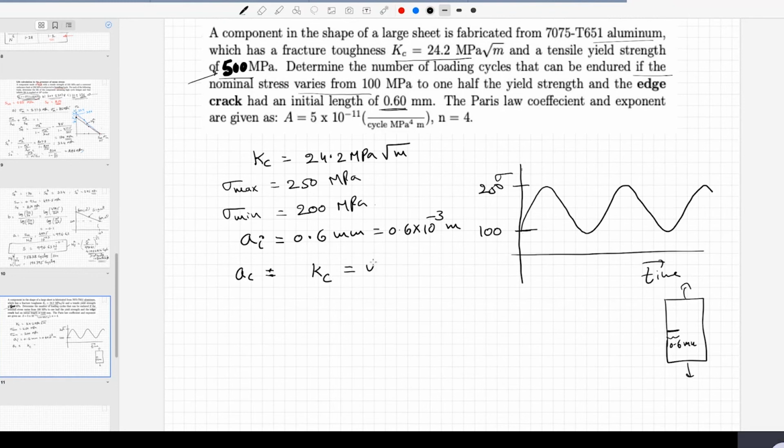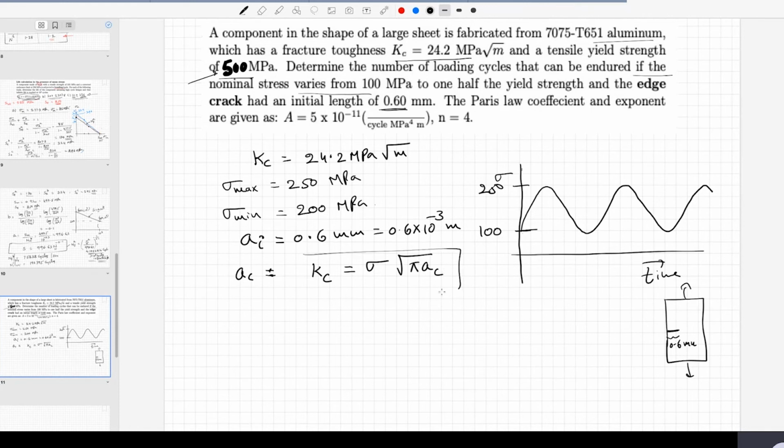fracture toughness is sigma critical root pi a. Okay. And this will be a critical.